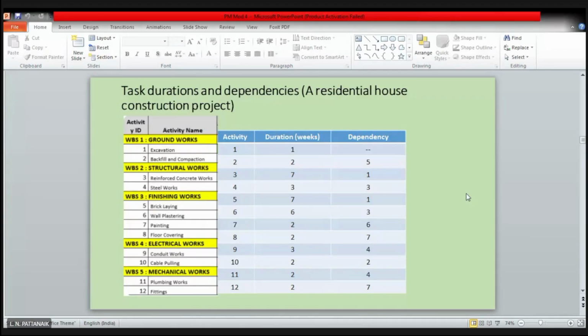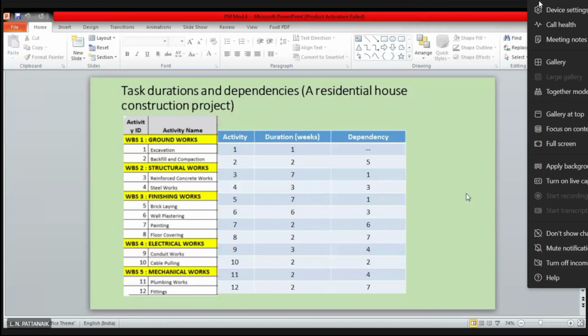So the way you have divided it may help you to allocate resources or to subcontract. Suppose you have given a subcontract for the groundworks WBS to some different third party. You have outsourced that work, so it will be easy for them: they will take care of the excavation and they will take care of the backfill.